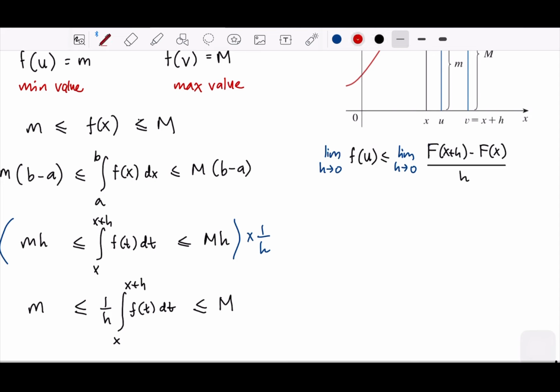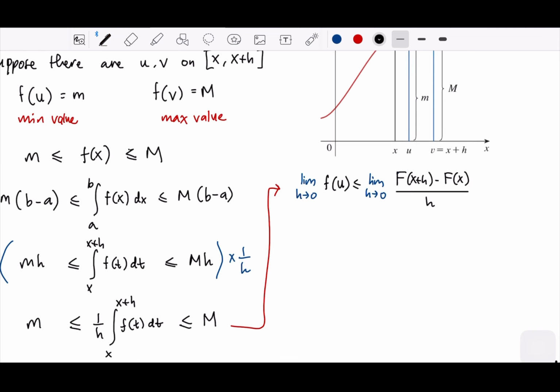So it's going to be, okay, and then less than or equal to the limit as h goes to 0 of f of v.